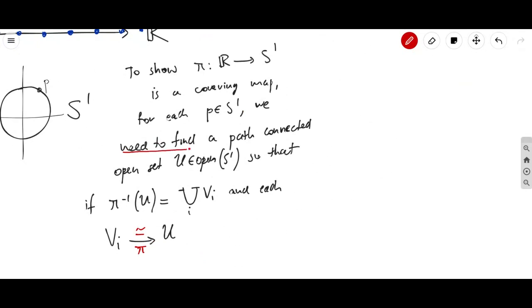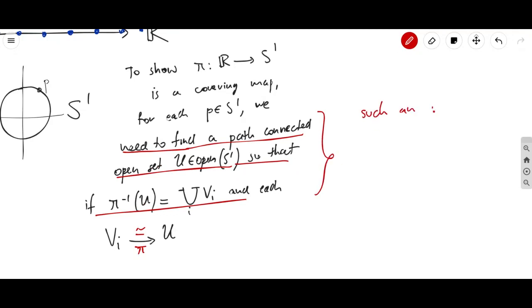So we need to find a path connected open set with this property. Such an open set is called evenly covered. That's the terminology. It's an evenly covered open set.